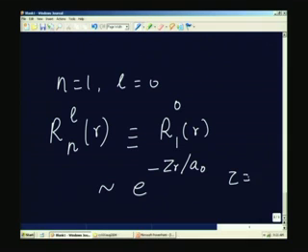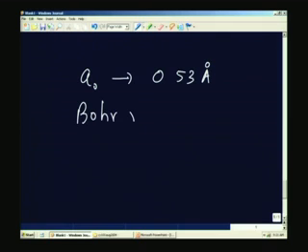Z is the charge on the hydrogen atom nucleus, which is plus 1, and a naught is the Bohr radius. a naught has a constant value of 0.53 angstroms, also known as the Bohr radius, in honor of Niels Bohr, whose discovery on the hydrogen atom was one of the most important developments in the history of physics.